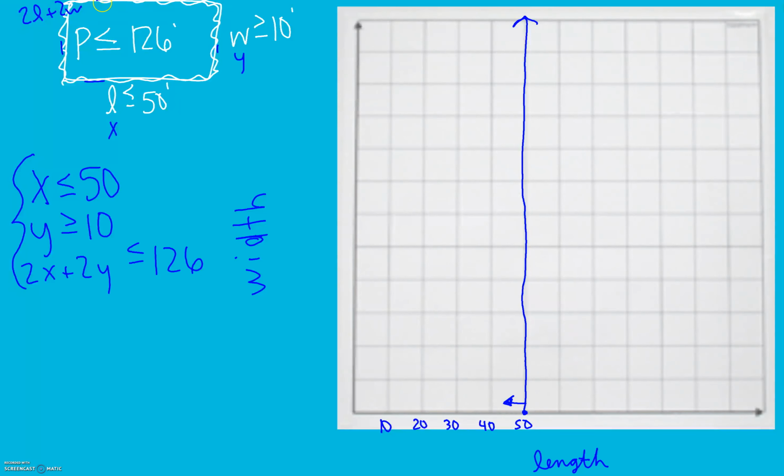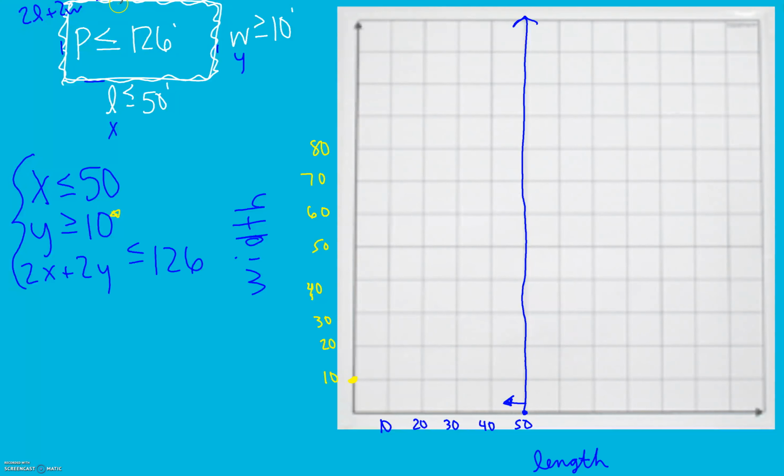For my width, it could be greater than or equal to 10. I also know that eventually I'm going to have to get a pretty big number here. So I'm going to go by tens here as well. And at 10, I have an intercept.